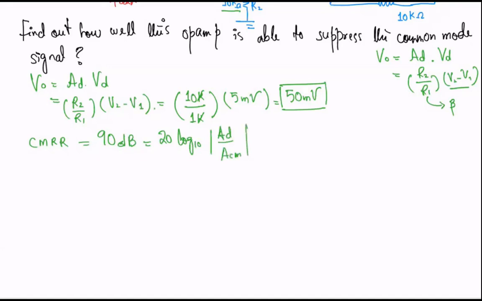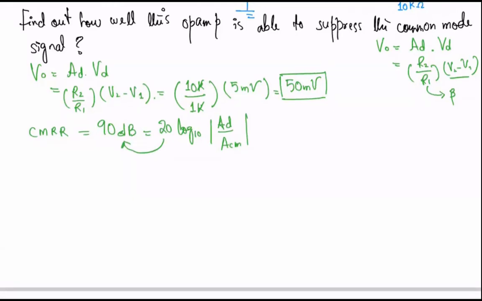I'm going to switch things around here and take this 20 over here. So 90 divided by 20 gives me 4.5 equals log 10 of AD over ACM. And I can also rewrite this equation as AD over ACM equals 10 to the power 4.5.